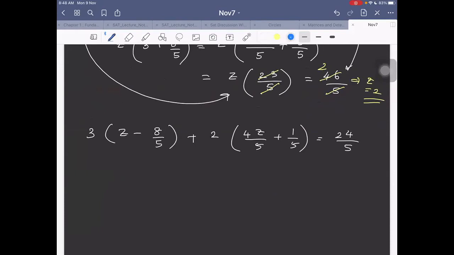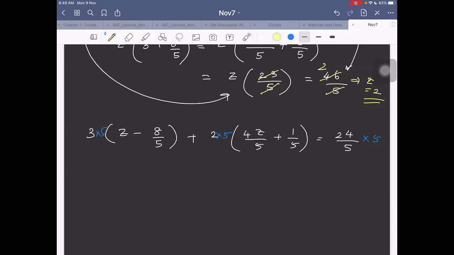You just multiply with 5 everywhere. Multiply the entire expression with 5. How will you get rid of the 5 in the denominator? You just bring in a 5 in the numerator. So you just multiply with a 5 everywhere.